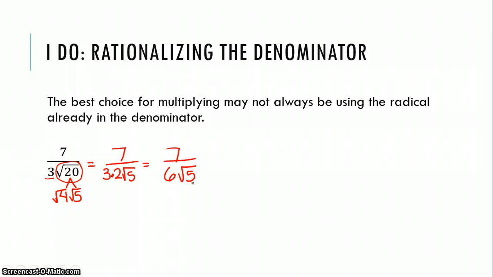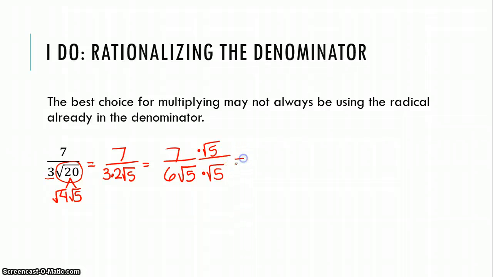Now I have root 5 instead of root 20. When I'm looking at root 20 here, there are perfect squares inside of it, so I don't need to multiply both numerator and denominator by 20. What I need to multiply by is the part that's actually not a perfect square, which is the 5.